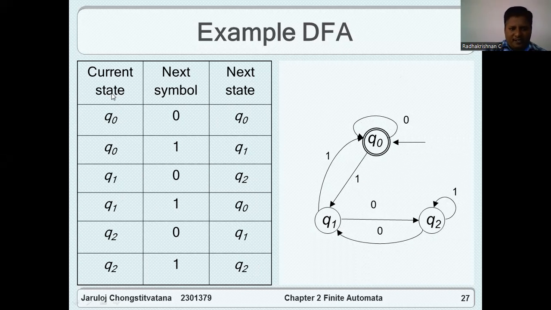So this is the current state, and this is the reader input symbol, which gives the next state. In terms of the Q0 state, when 0 is read, the automata is transferred to the Q0 state. Similarly, in Q0 when 1 is read, Q1 is the next state. Q1 with 0, Q2. Q1 with 1, Q0. Q2 with 0, Q1. Q2 with 1, Q2. In this way, the deterministic finite automata is calculated and constructed.